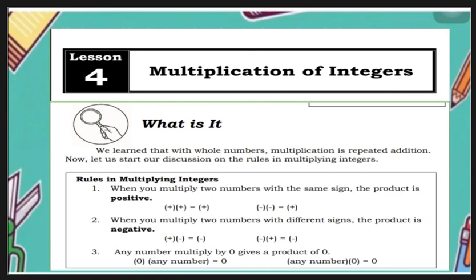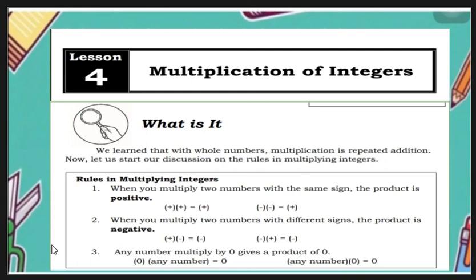Now let us start our discussion on the rules in multiplying integers. First, when you multiply two numbers with the same sign, the product is positive. For example, positive times positive is equal to positive. Another one, negative times negative is equal to positive.